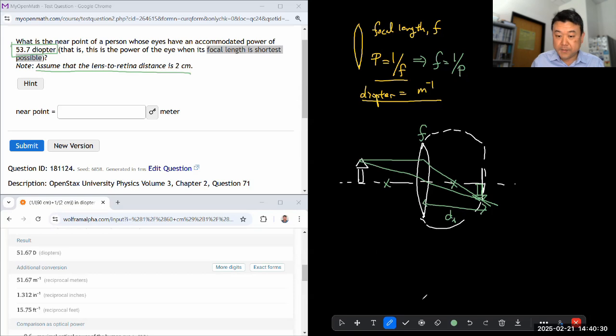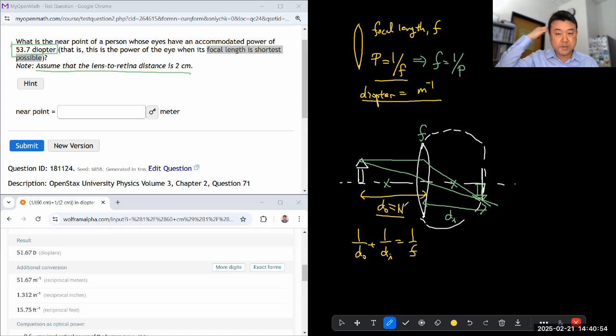So it's again a matter of just solving the thin lens equation: 1 over DO plus 1 over DI is equal to 1 over F. For the object distance, because of how we are describing this arrangement, this is the near point. That's the shortest distance where you can still focus and form a sharp real image on the retina.